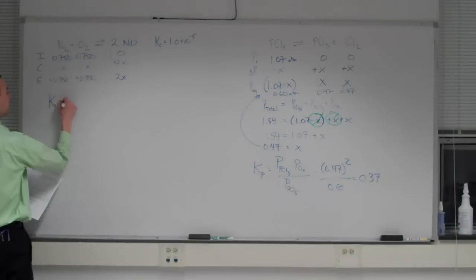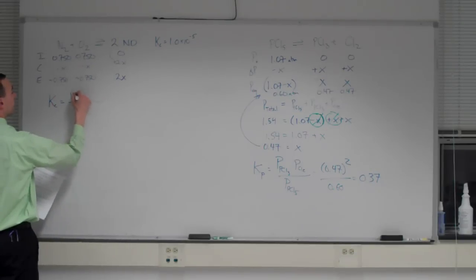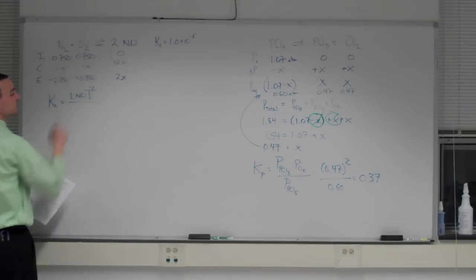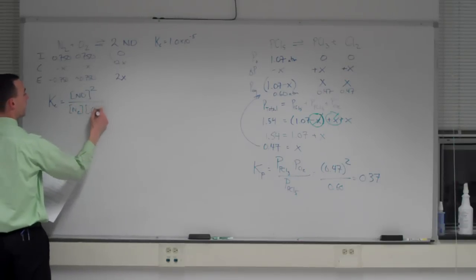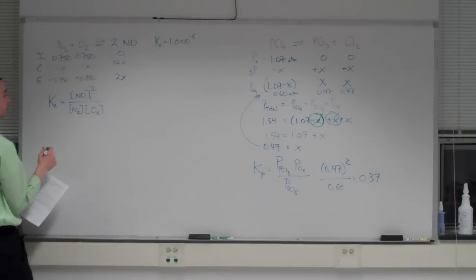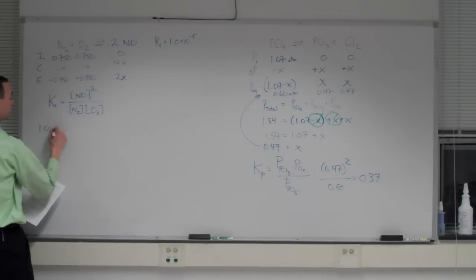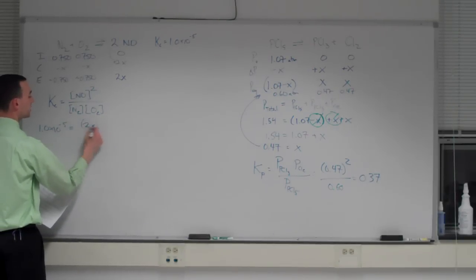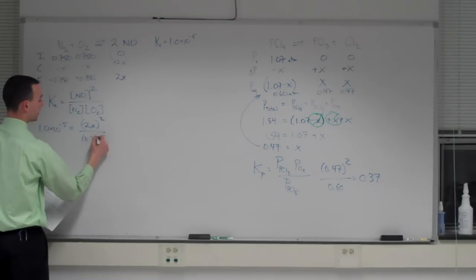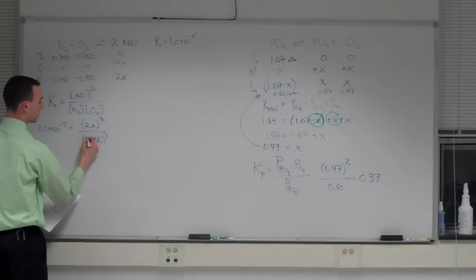Now the Kc for this process would have the nitrogen monoxide concentration squared divided by both N2 and O2. All right. 1.0 times 10 to the negative 5 equals then 2x squared divided by 0.75 squared.